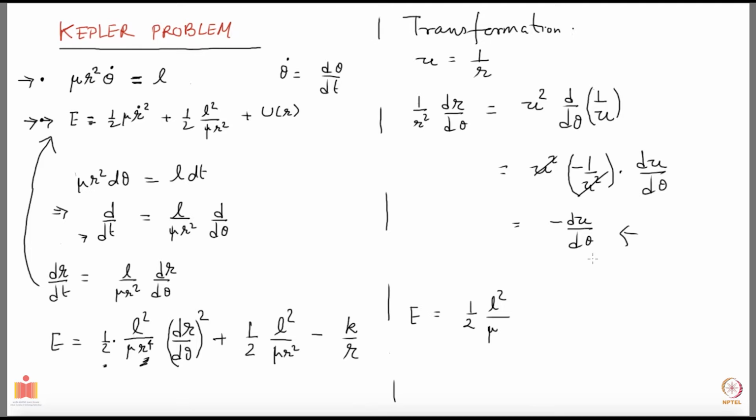And my r to the fourth is gone, the minus sign goes away because of the squaring, and I am left with du over d theta squared, plus half L squared over mu. 1 over r squared becomes u squared, that's correct, minus k u. Okay, it looks much simpler compared to the previous equation.